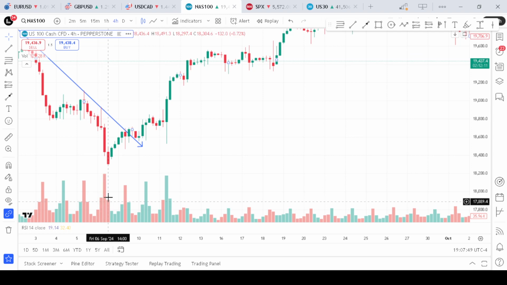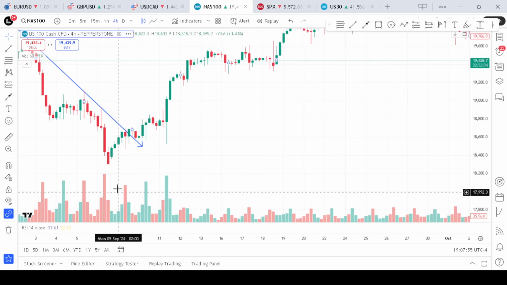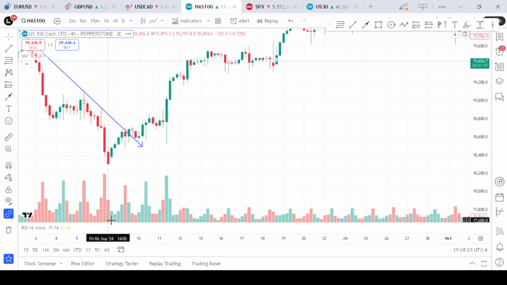The 5th candle should show a significant change in the volume bar, and as we can see, it's no longer a red volume bar but a green volume bar. This confirms buying interest.